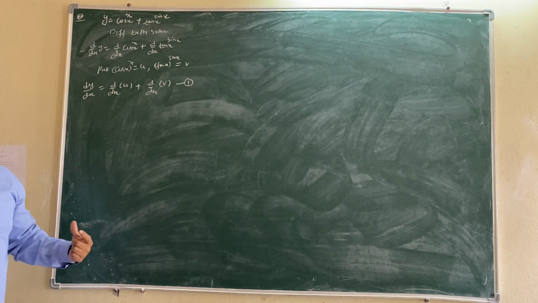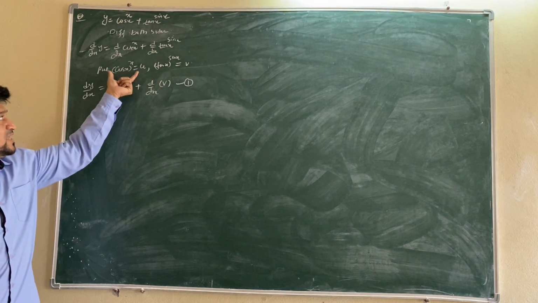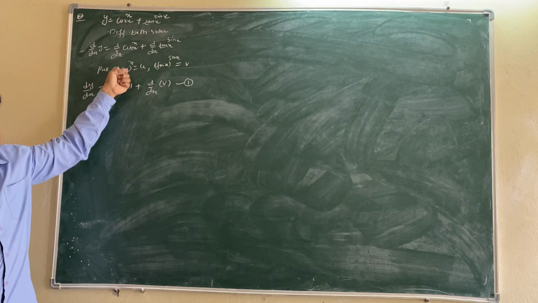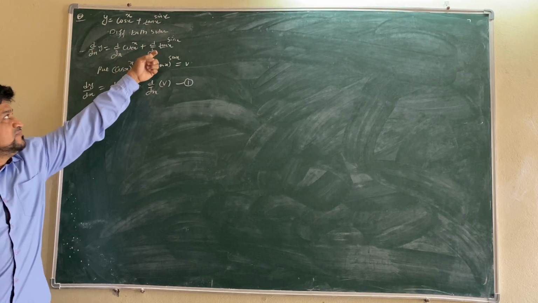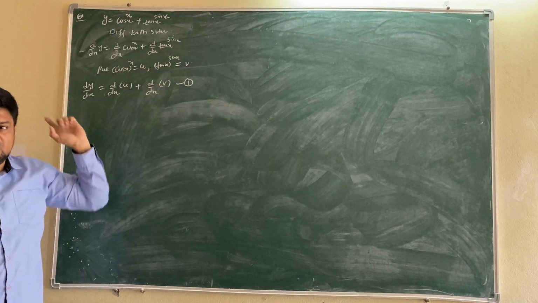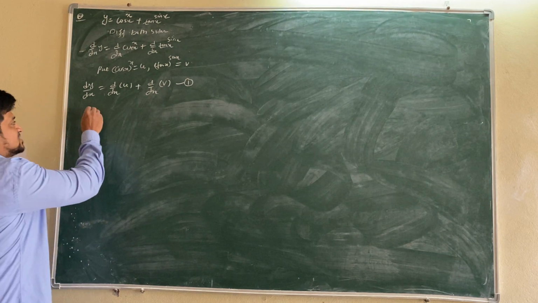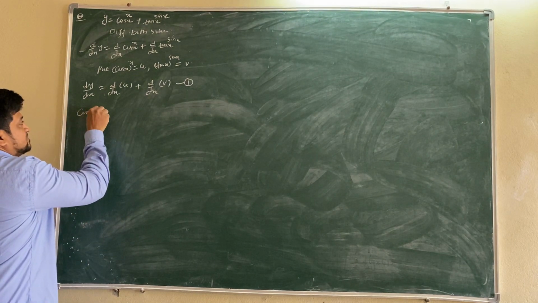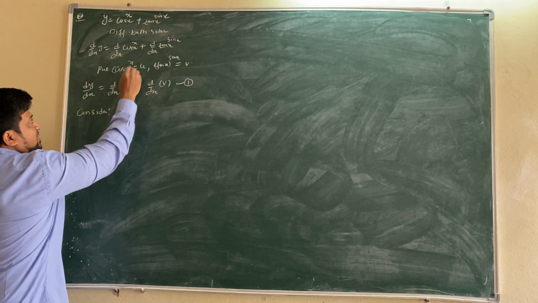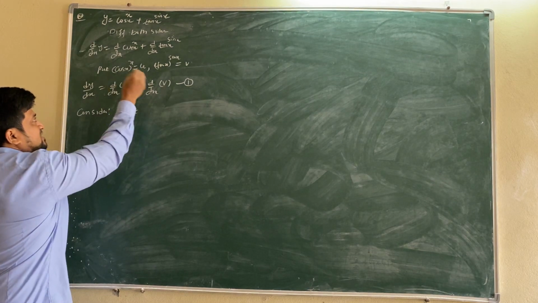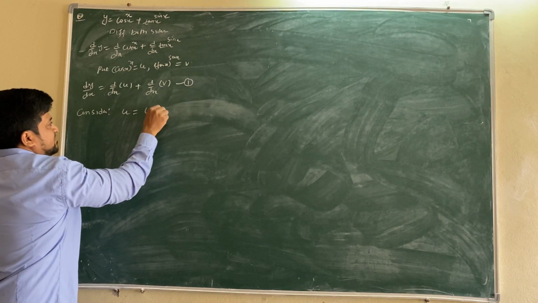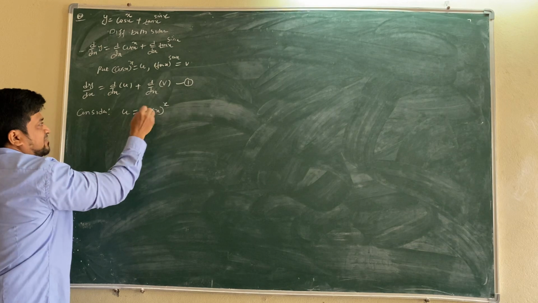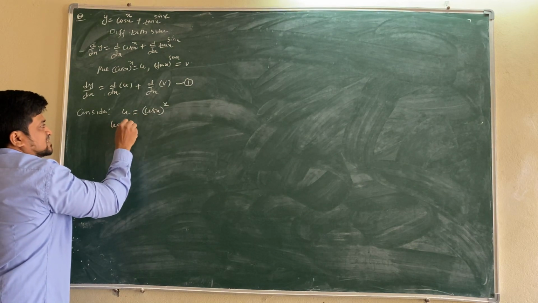Consider the first part and the second part. We have taken this as u, so u should be differentiated. We have taken this as v, so v should be differentiated. Now the value of u: I'll write u first, u equals cos x in bracket power x. Because both have x, now we can apply log on both sides.